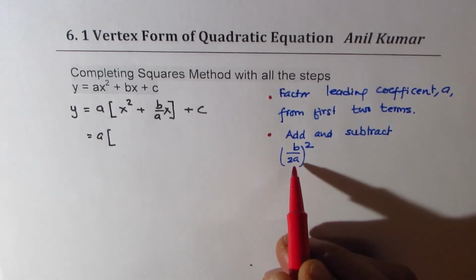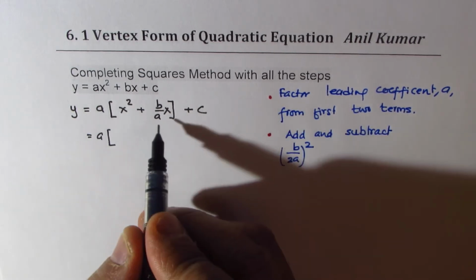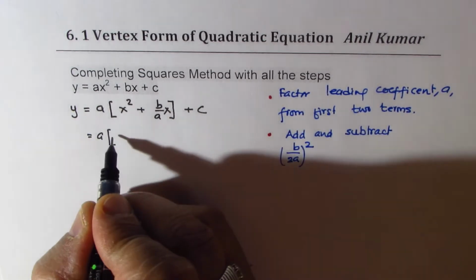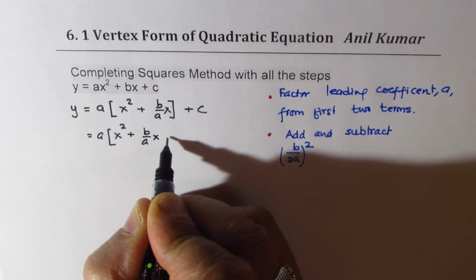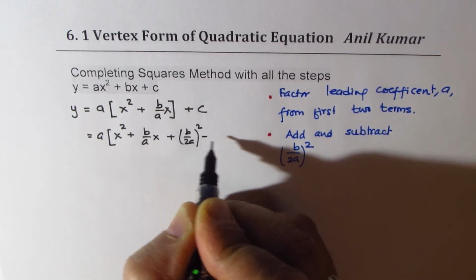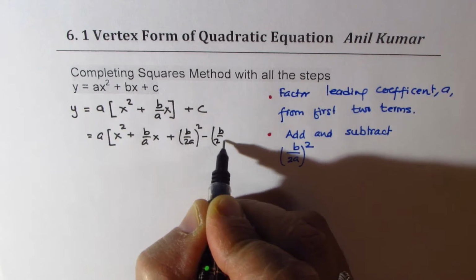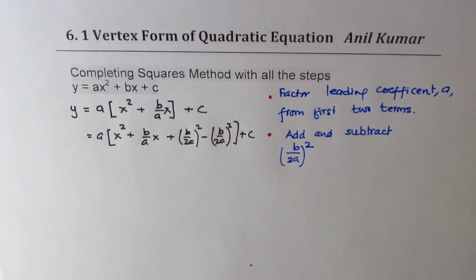When you add and subtract one term, it doesn't change the equation, correct? So half of the coefficient of x: we have x squared plus (b by a)x, and we are going to add (b by 2a) whole squared and also subtract (b by 2a) whole squared from our equation.